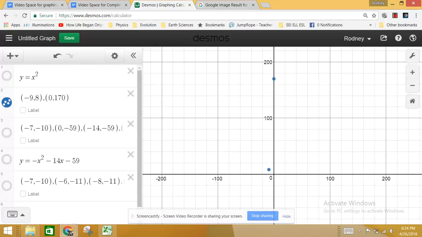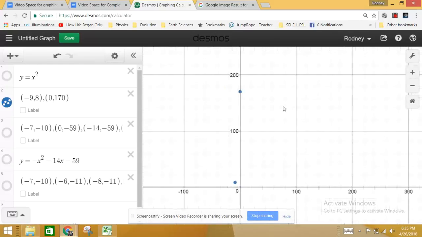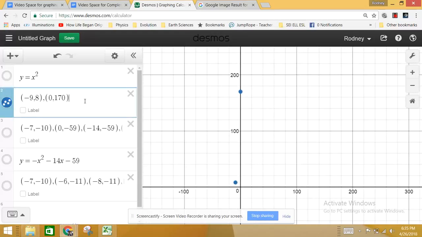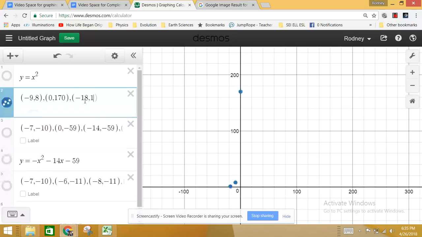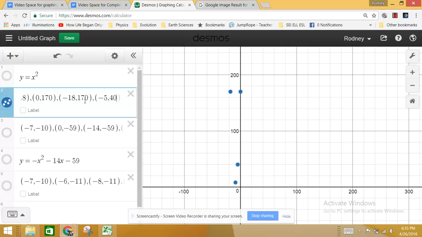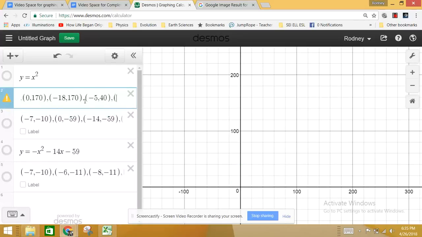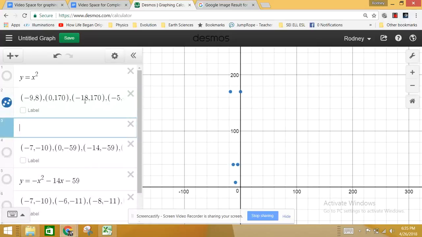It's way up there. I'm going to leave it like that. Okay. And then we have a point on the other side of our vertex at (-18, 170). And then we have points at (-5, 40) and (-13, 40).